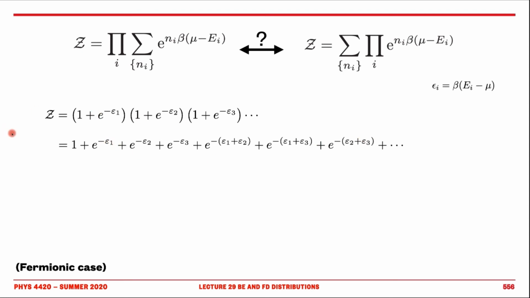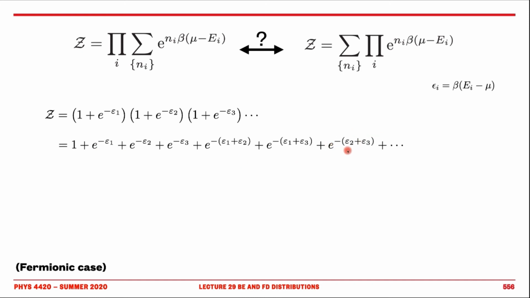If you pause the screencast, you can try to put that on a piece of paper. You can convince yourself that this sum is simply the sum over all the possible occupations of those products of terms. This one has no occupation whatsoever. This one just has one particle in state 1.